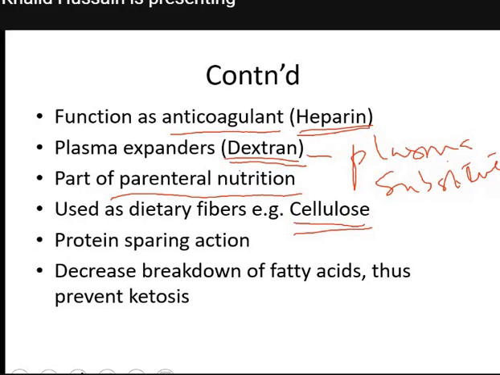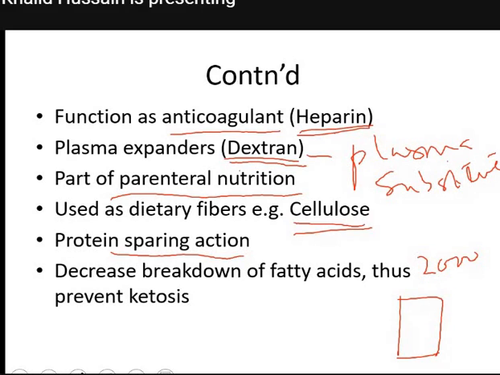Carbohydrates have a protein sparing action. Protein sparing action means when the person has a higher need of energy. Suppose a person has a requirement of 2000 calories per day.